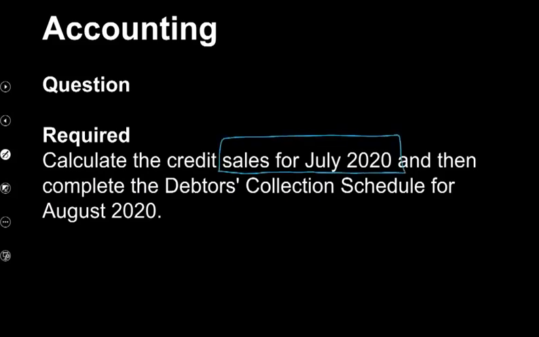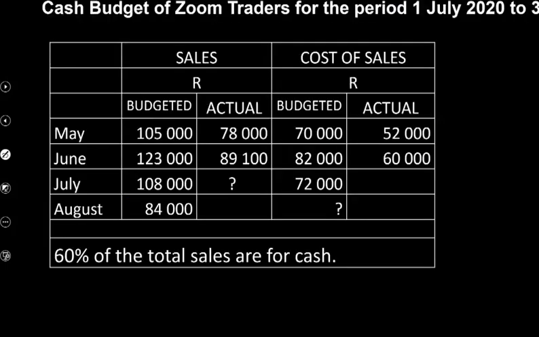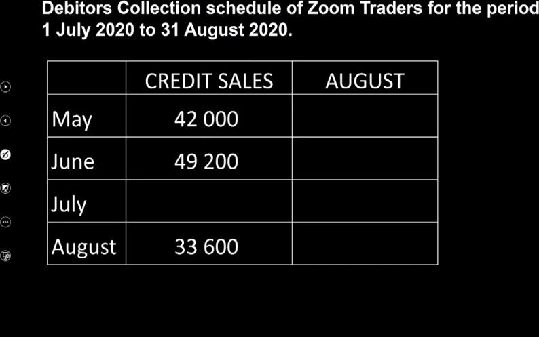Okay. Now we go on and it says here required, calculate the credit sales for July 2021 and then complete the debtors collection schedule for August 2020. Right. Let's look at the information that we have here. This is your sales figure, but it is your total sales figures. Can you see that? And if you look at the answer book that you have been provided with, you will notice here that they've given you the credit sales.